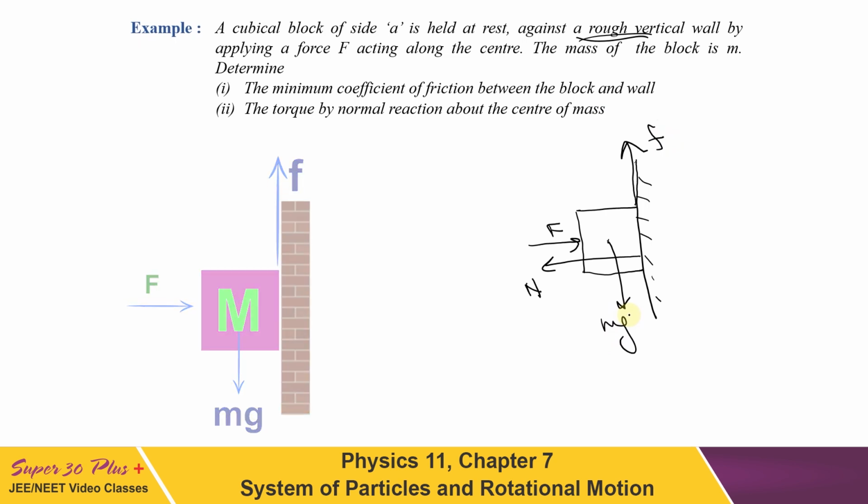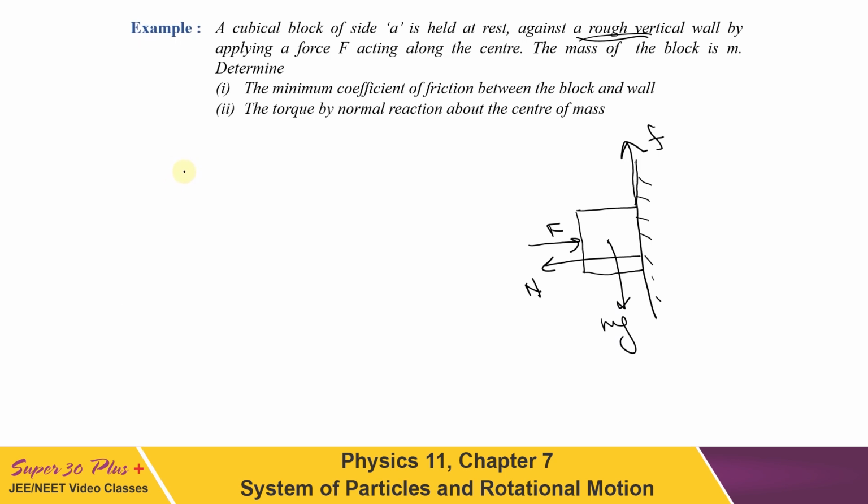Since the block is in horizontal equilibrium, we can write F equal to N, and also F equal to mg for vertical equilibrium.